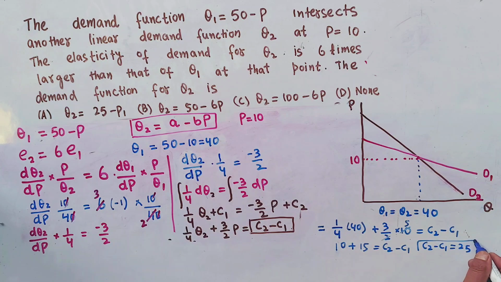Now we plug the value c2 minus c1 = 25 into this equation.